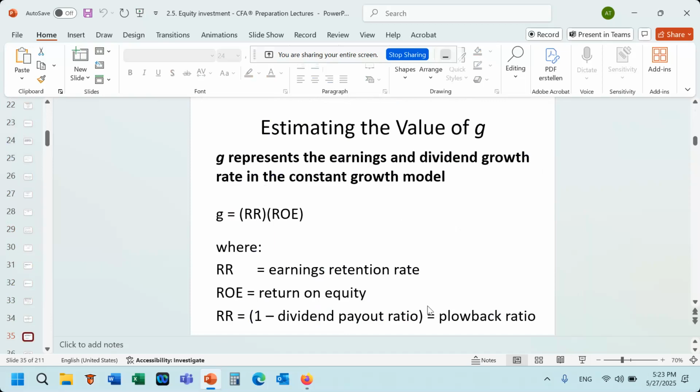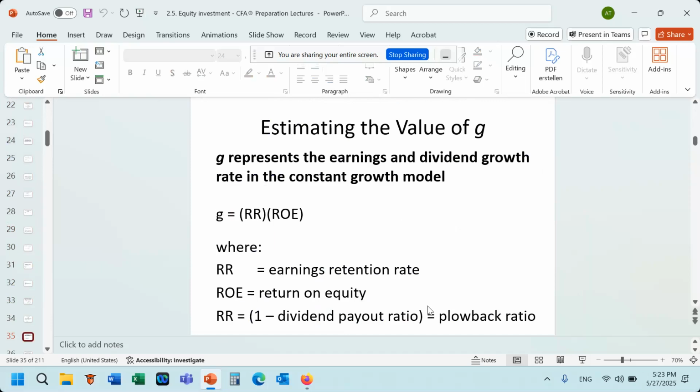That is return on equity. Anytime you see return, that's profit divided by what you see after it. Here it is equity. So we get the total equity from the balance sheet, and that goes in the denominator, and we get the profit or net income from the bottom of the income statement, and we divide these two by each other, and we get return on equity, and we multiply that by the retention rate.